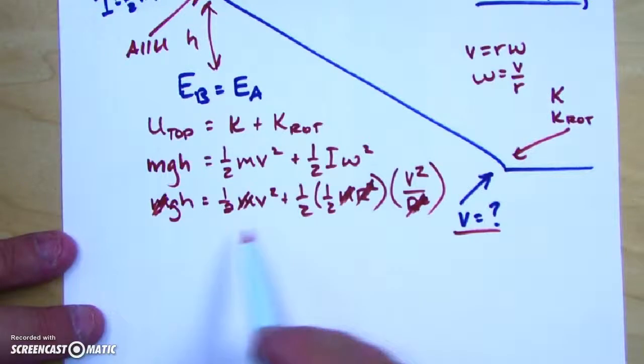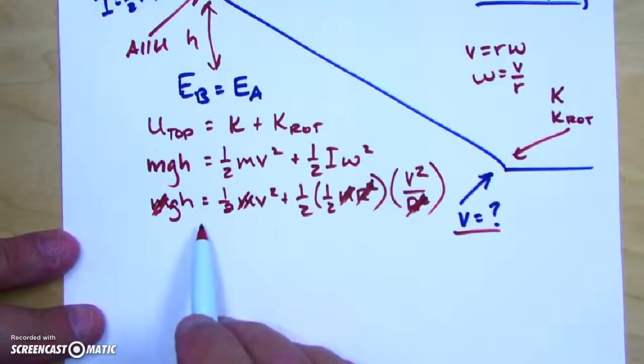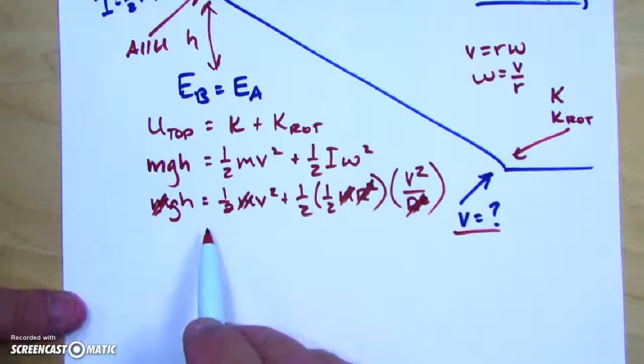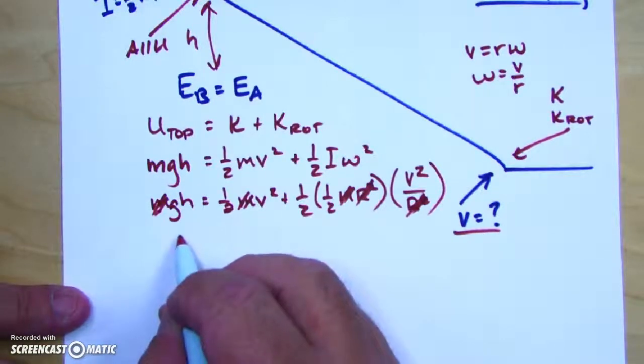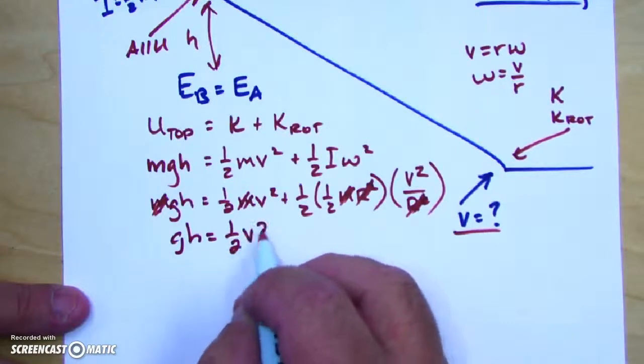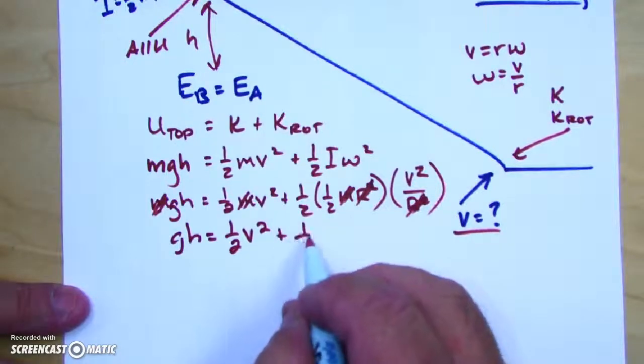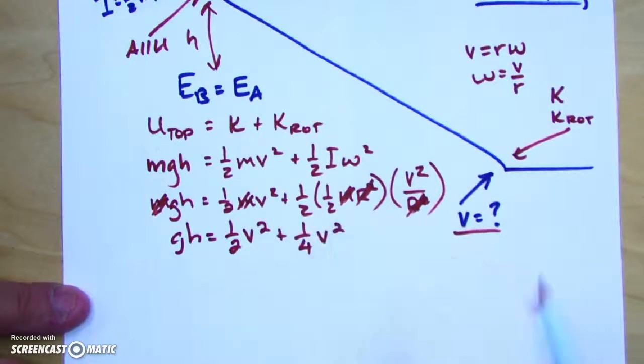So now I can combine like terms. gh is equal to 1/2 v squared plus 1/4 v squared.